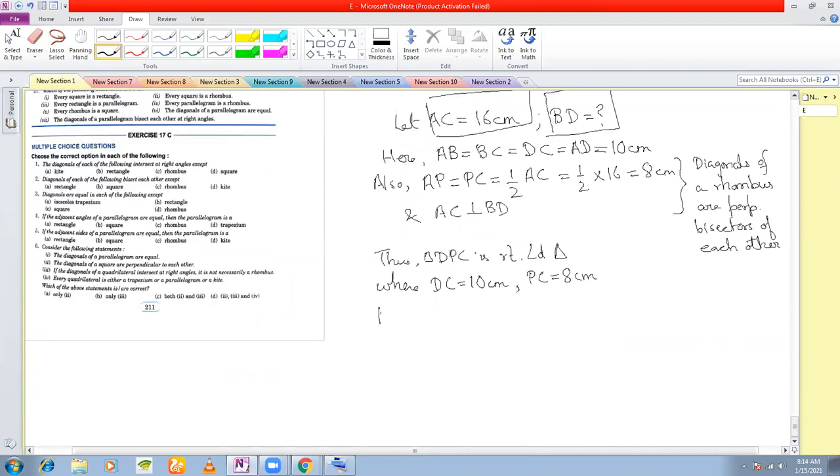So we'll write from Pythagoras theorem, hypotenuse square is equal to perpendicular square plus base square. Right? Now let's write what the hypotenuse, what is the perpendicular, what is the base.